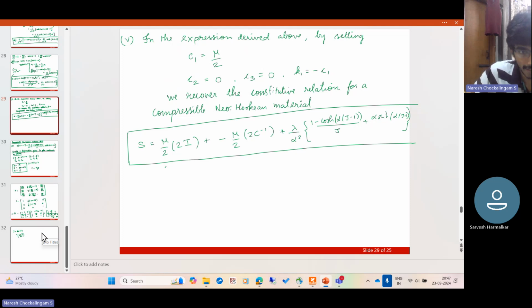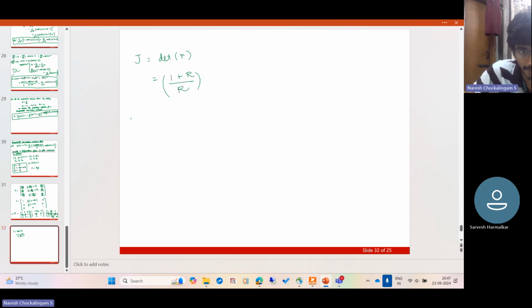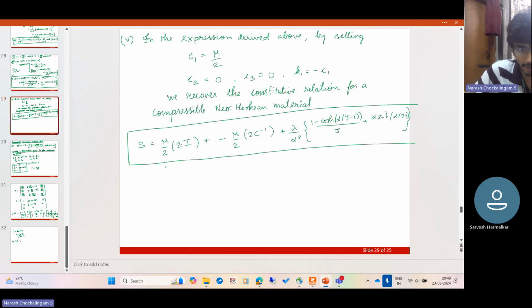So the trace of S will be, look at the first part. So trace of S, the first one will contribute mu.